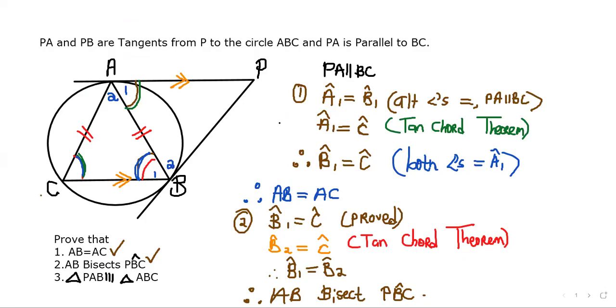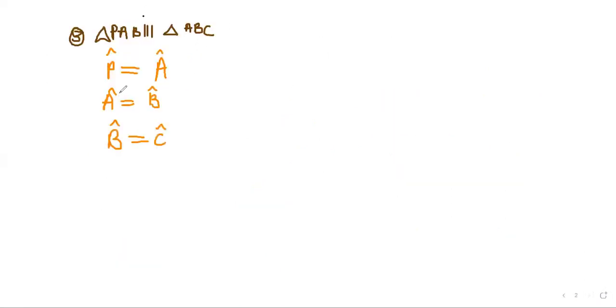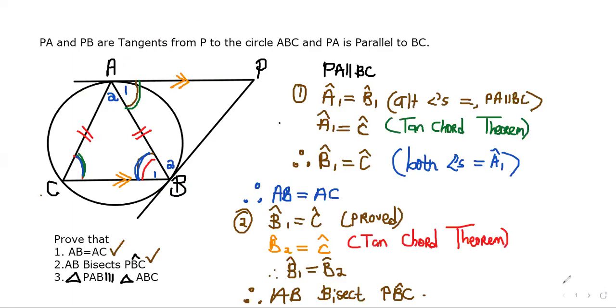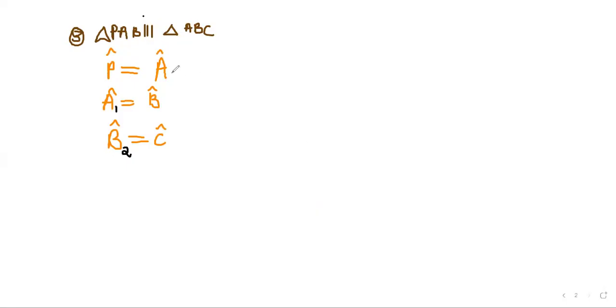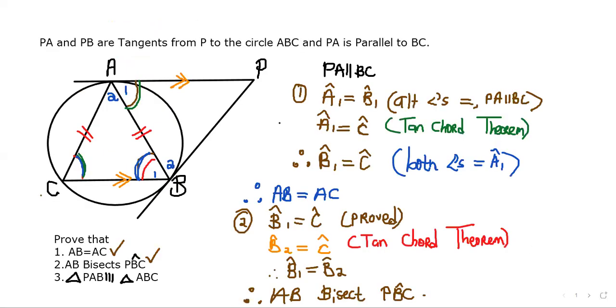So on PAB, we're having A1 and B2. So it means that will be A1 and B2, just like that. And then you go again to check on triangle ABC, what do you have? You're having A2 and B1. So let me just double check. A2 and B1.